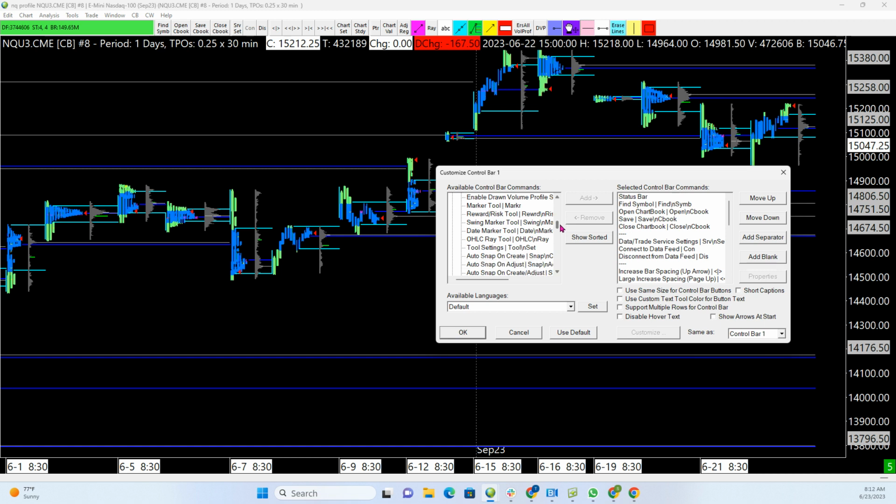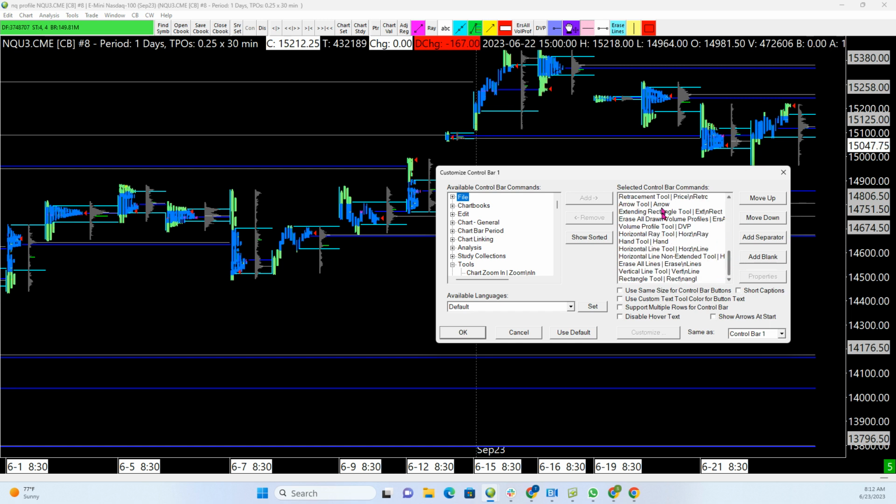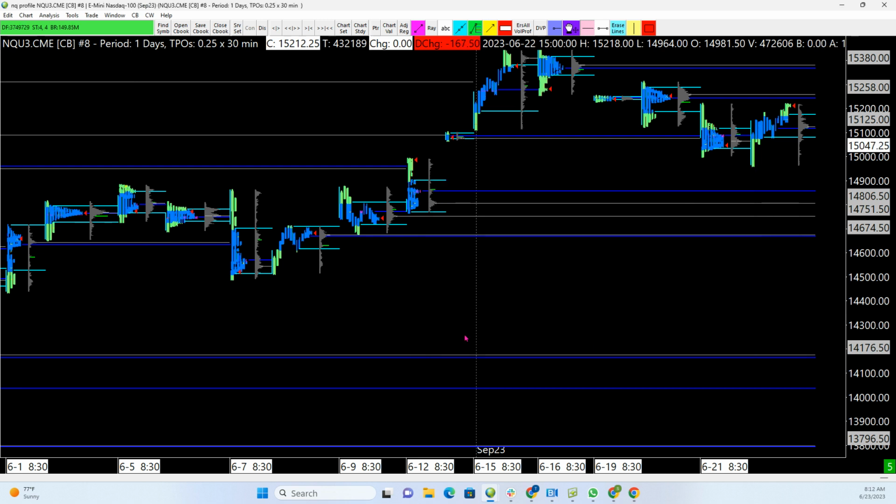Ellipse tool. Do I have it someplace else? ABC, ray, erase lines, short value, adjust rate, ABC. I've already got it. My bad. Here, since I'm using it so much. Okay, there we go.